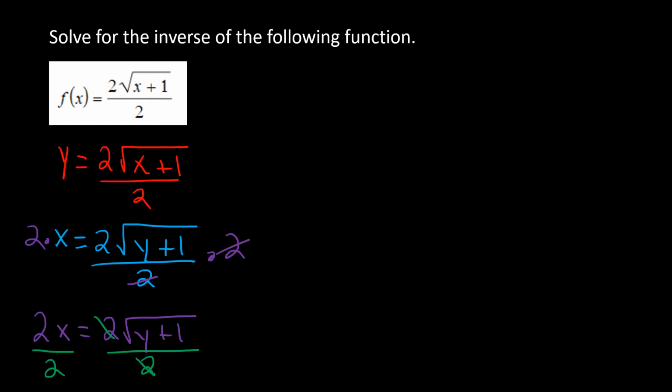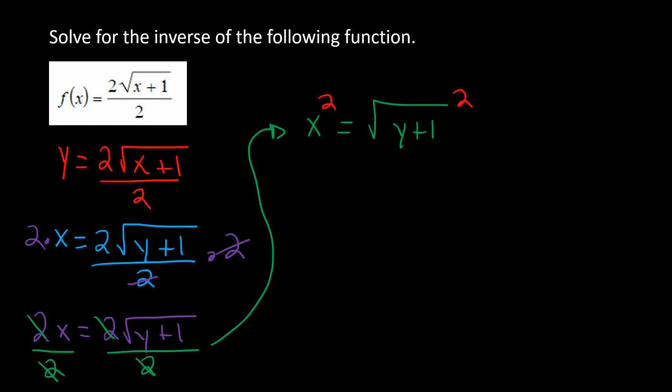Simplifies out, and we can already see here that these 2's are going to simplify out. So we're going to be left with x equals the square root of y plus 1. To reverse operation this square root, we need to square both sides. So we'll have x squared equals y plus 1, as the square root and square simplify out. We'll then subtract 1 from both sides.